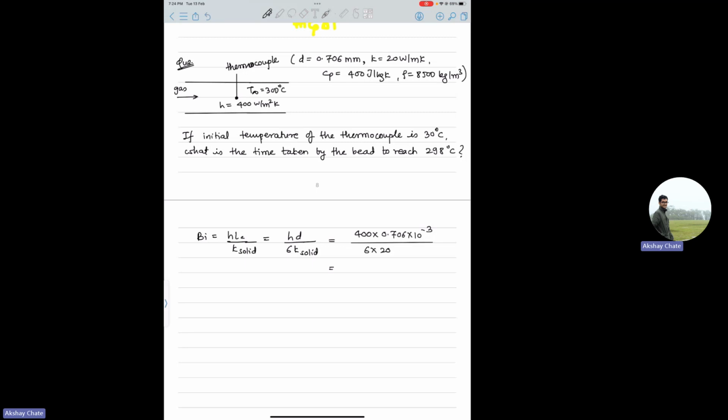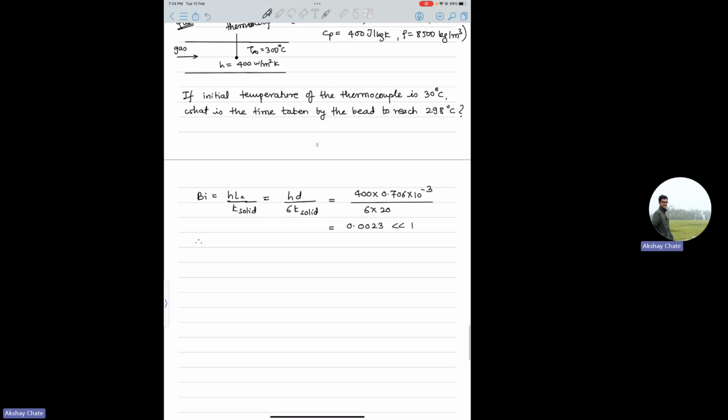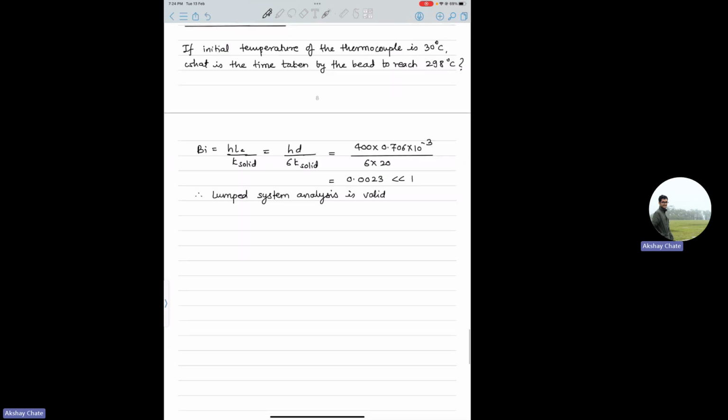So Biot number comes out to be 0.0023, which is significantly less than 1. Therefore lumped system analysis is valid here. And then you use the temperature formula.